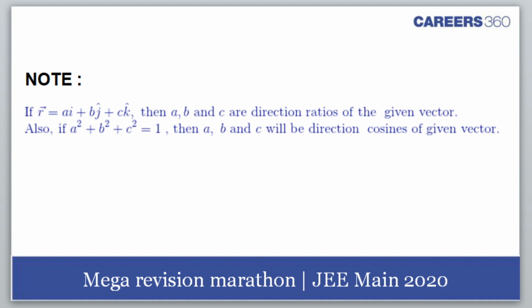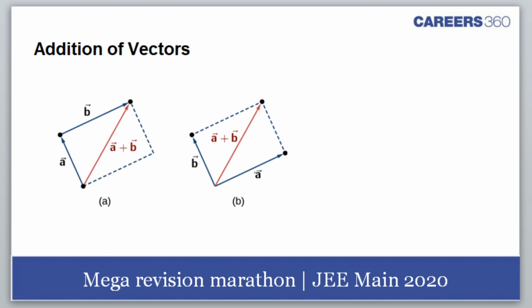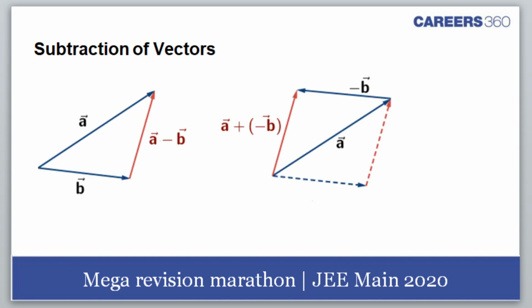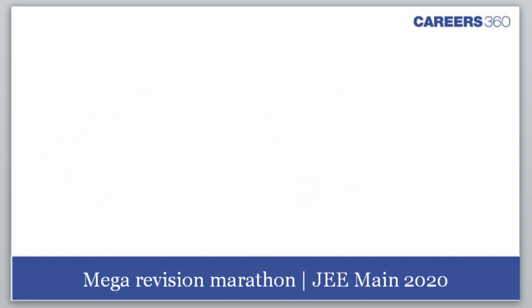Now, addition of vectors we come to. There are two rules: triangle law of vector addition and parallelogram law of vector addition. What's the difference? Tell me. Addition we are discussing.